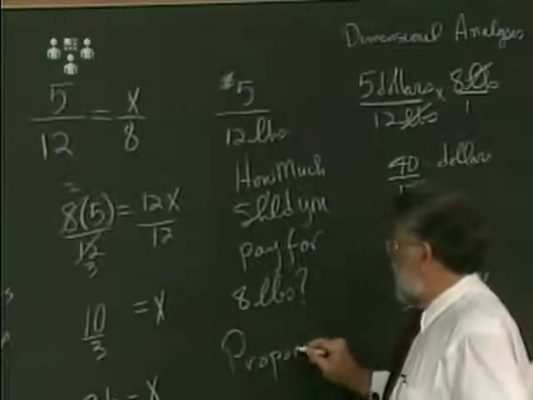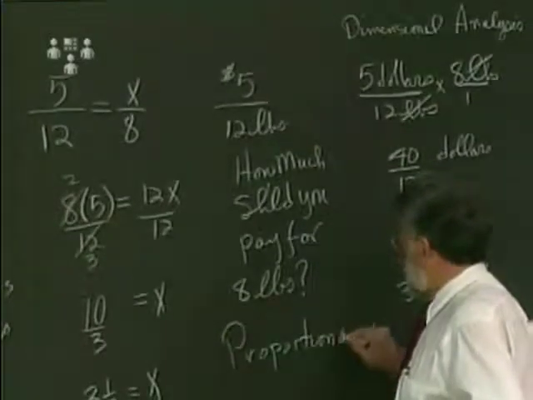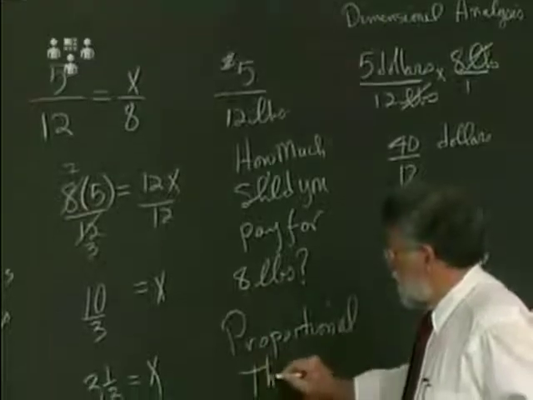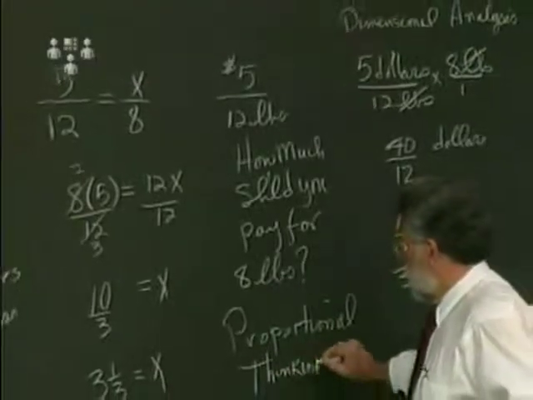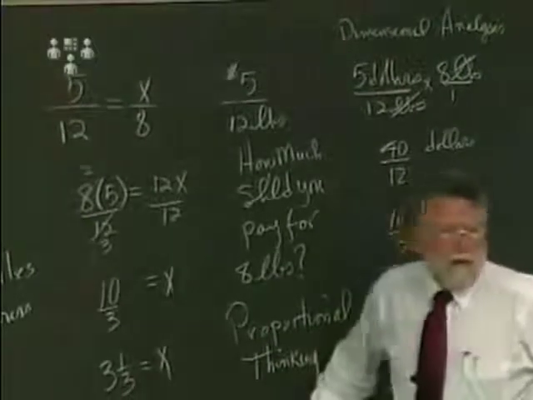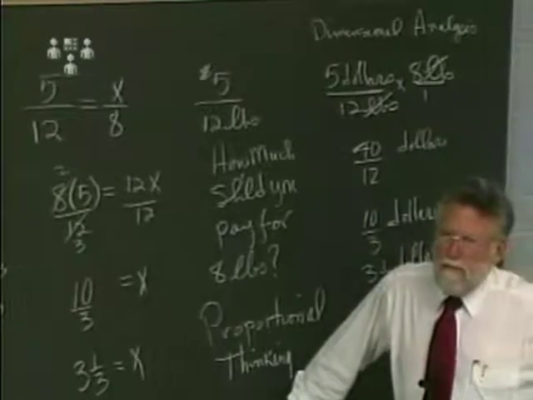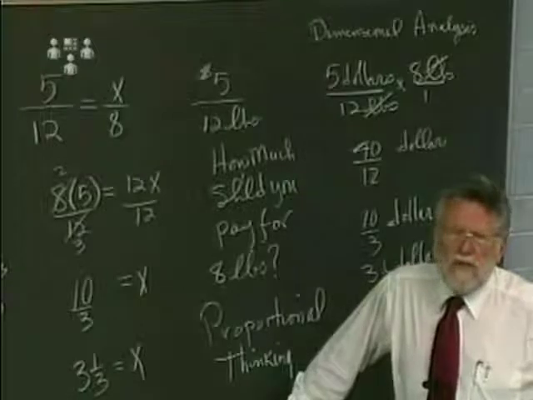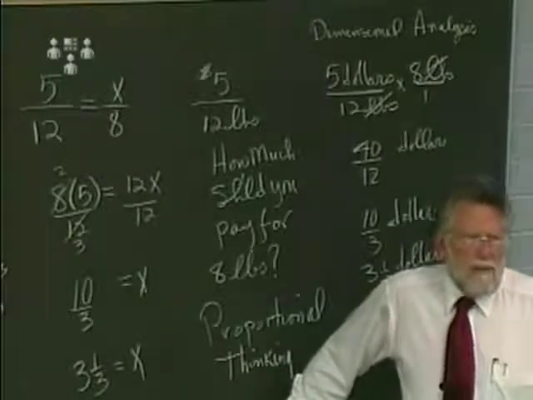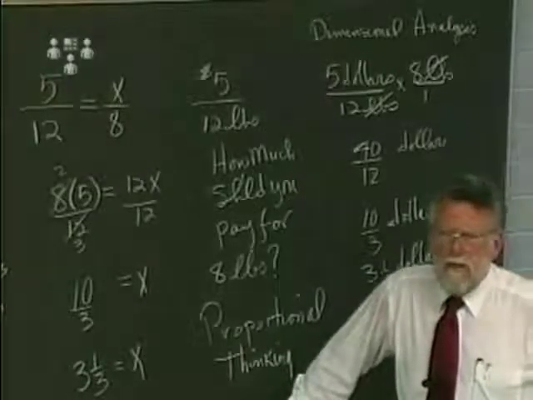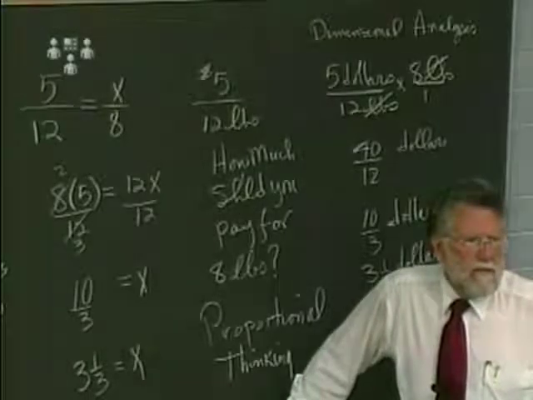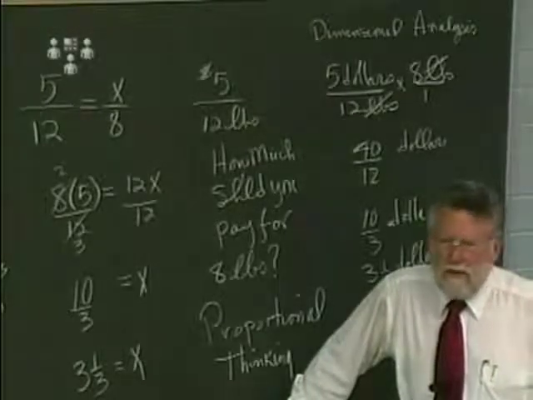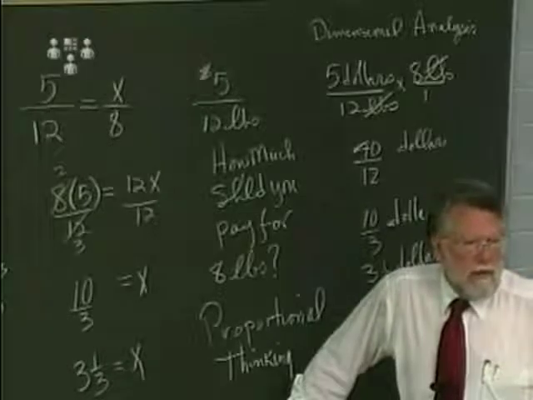So if you can do these problems in the following spirit, you go to the market and you find out that it was $5 for 12 pounds and you're going to buy 24 pounds. I hope you know you're going to pay $10 without setting it up with dimensional analysis, without doing a proportion.